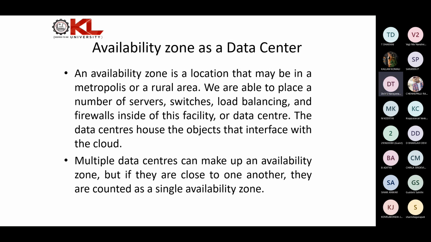The availability zone, which we also call a data center, is a location that may be a metropolitan or a rural area. You're able to place a number of servers, switches, and load balancing tools, which might be hardware and software related, and firewalls, which might be software and hardware.